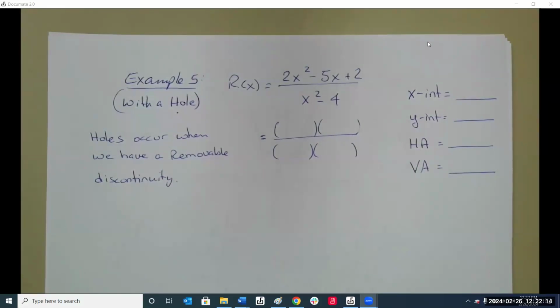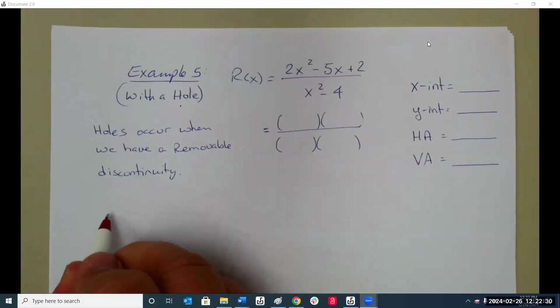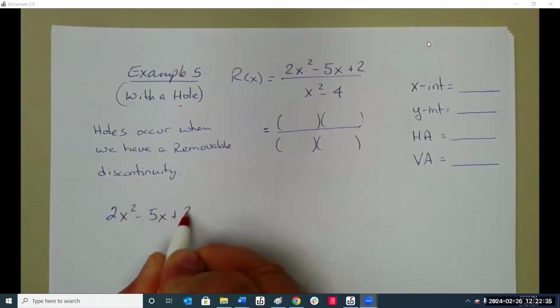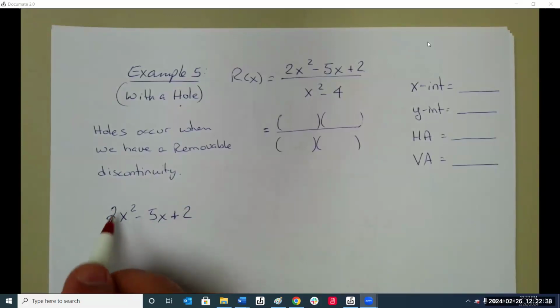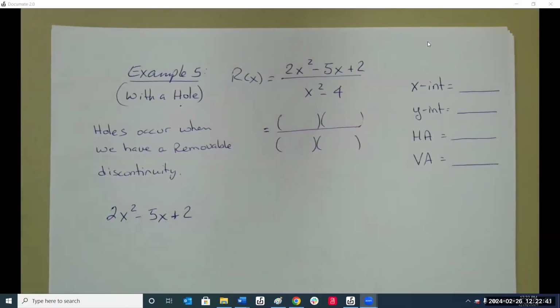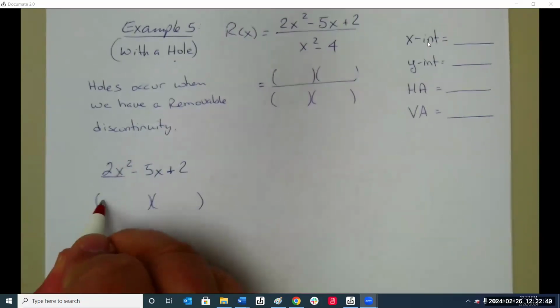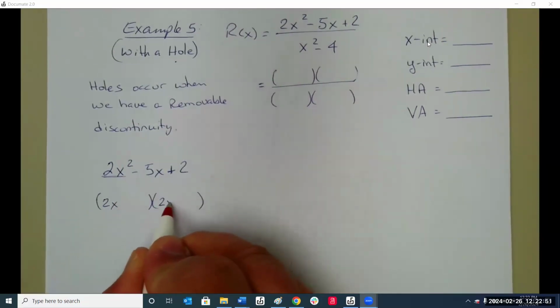Does anybody have trouble factoring the top type of equation? I'll show you the way I do it. It's much easier. All right, so let me factor the top. Whenever you have a leading coefficient A, if A is not equal to 1, whatever term you have here, put that in both spaces.